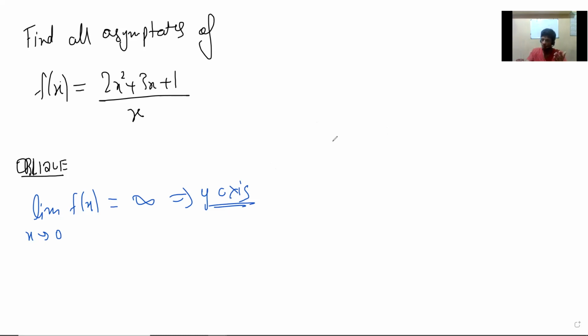Those will be vertical asymptotes, you agree? All of us agree? At what finite a does the function shoot to infinity or minus infinity? And that a is certainly 0, you can work it out. And so, Chandan, is it clear that the y-axis will be an asymptote?